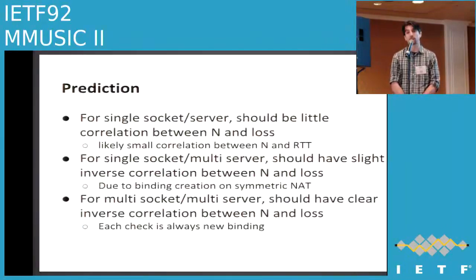So we should see a very clear trend in the data of how the n value results in increased packet losses or delays due to binding creation. We were hoping to have numbers for this here at IETF 92, but there's no experiment-slide-to-binary-code compiler just yet, so this is still making its way through code review. We expect to have results before the plenary.